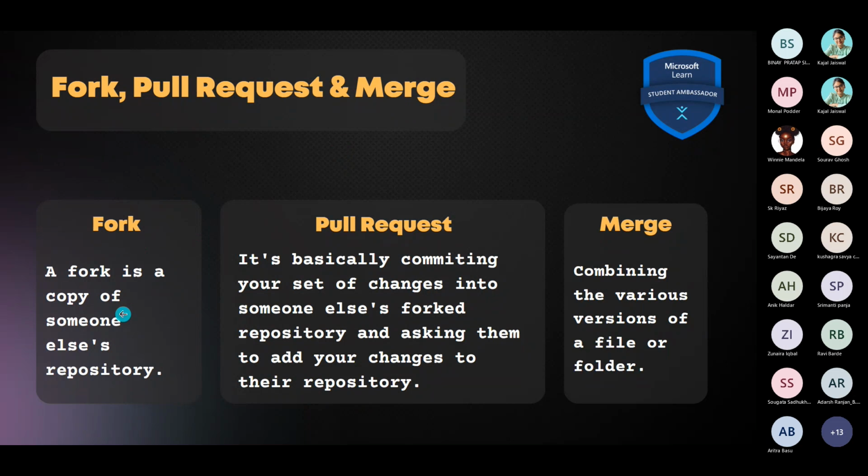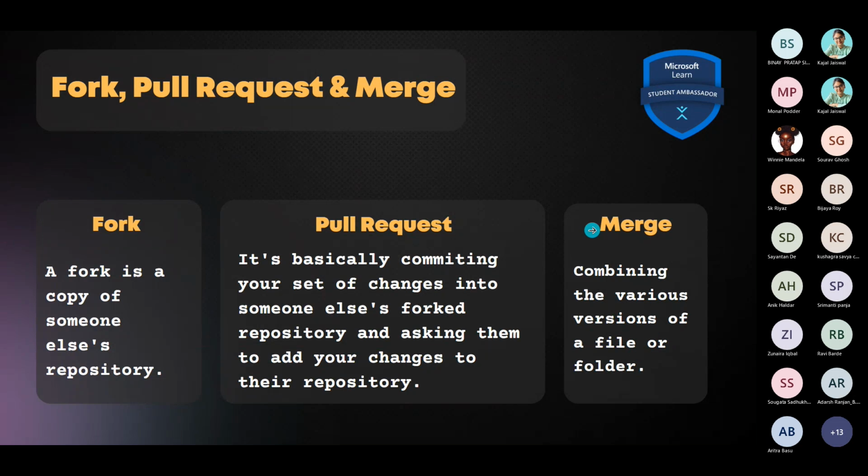Fork is making a copy of someone else's repository, like you made a copy of my repository just now. And pull request is basically committing your set of changes so that the person from whom you have forked can see that you have made some changes, and if they like it, they can merge. Merging is combining the various versions of a file or folder.